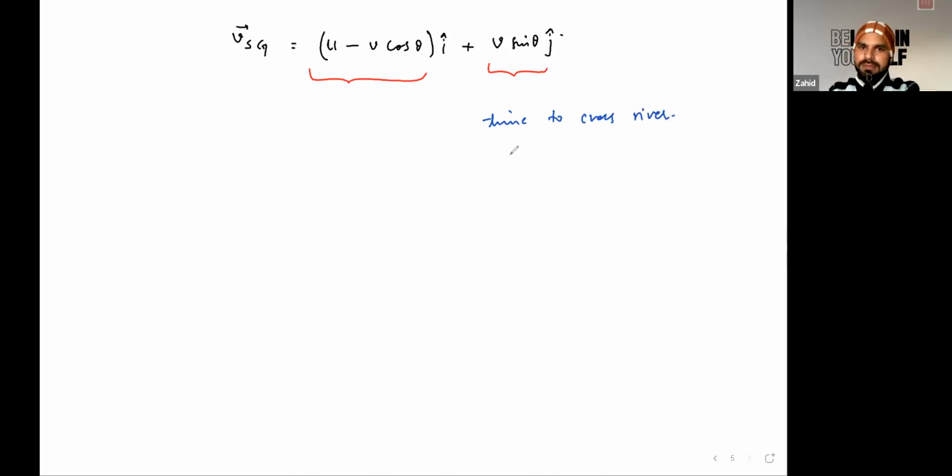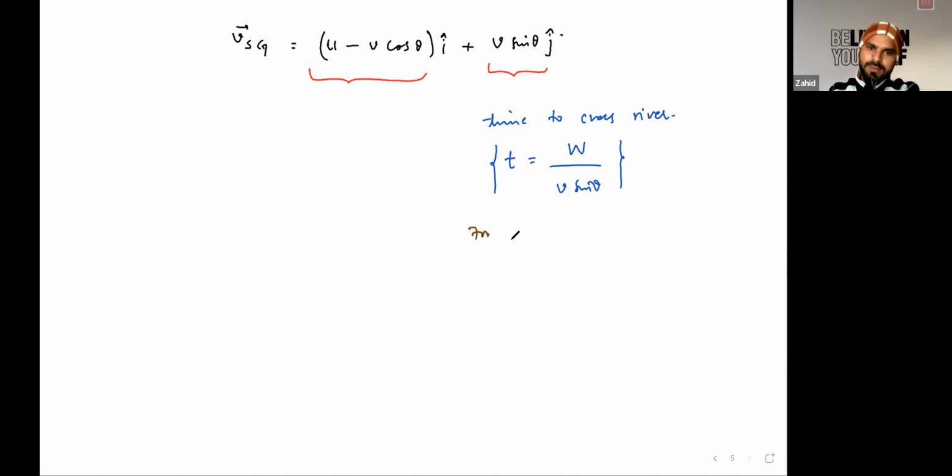So time is distance by speed. Width of river along the vertical direction will be w, and velocity in that direction is just v sine theta. So this will be the total time duration in this part. Now, to get this time to be minimum, sine theta should be maximum, and sine will be maximum at 90 degree.